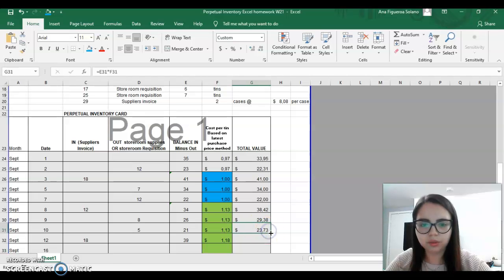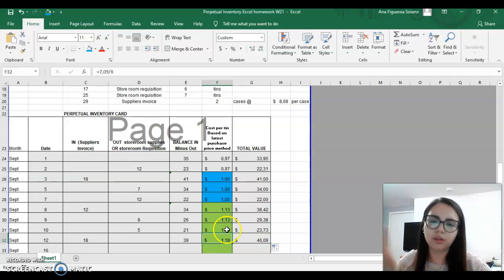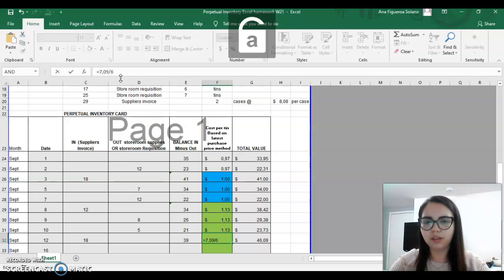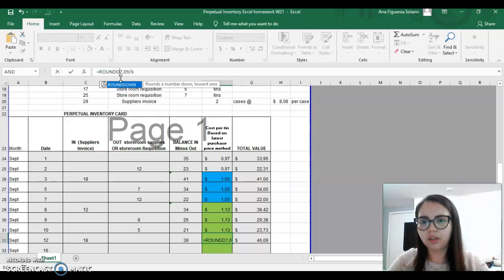Enter, and then if we use autofill here, again, it's a value that is going to be different if we use the whole decimals or only 2. So we're going to round down again. So we go back, round down, open bracket, semicolon, 2 decimals, close bracket, and enter.